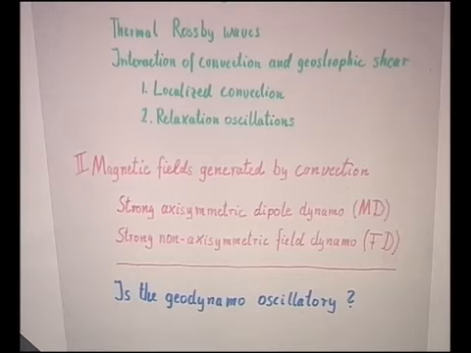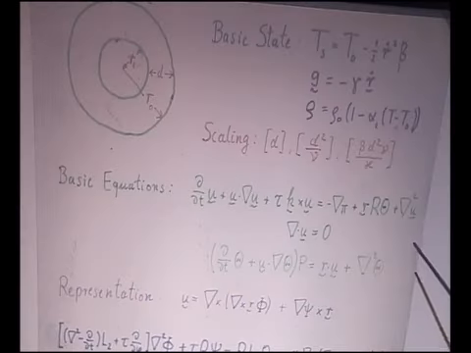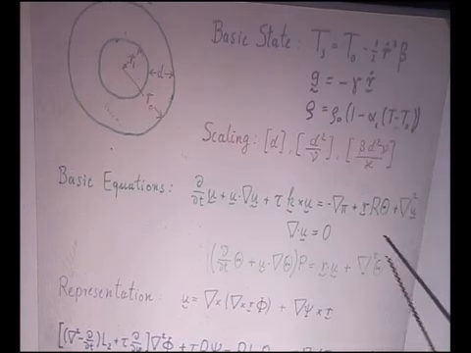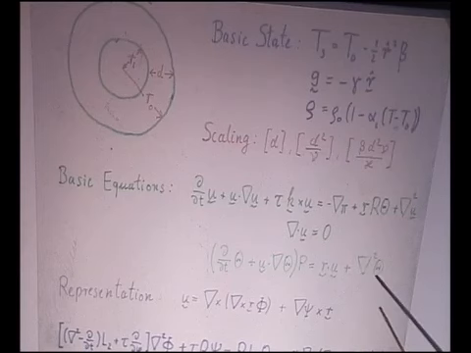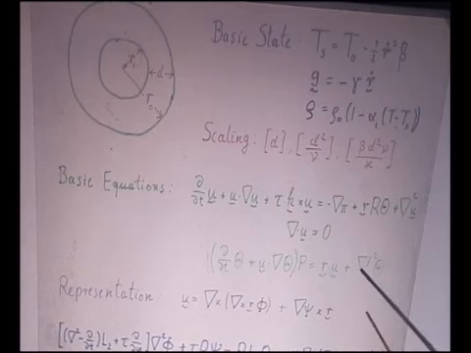I will start with just the non-magnetic case, so we don't get into MHD yet, where we deal with convection in a rotating system, and we have the usual equations in the Busse-Naess approximation.